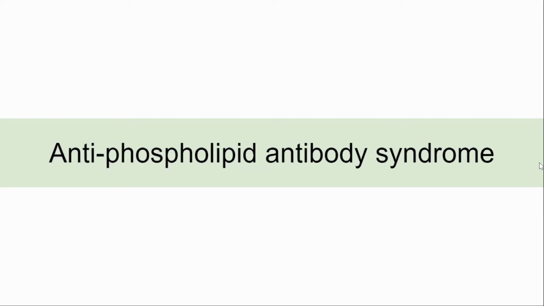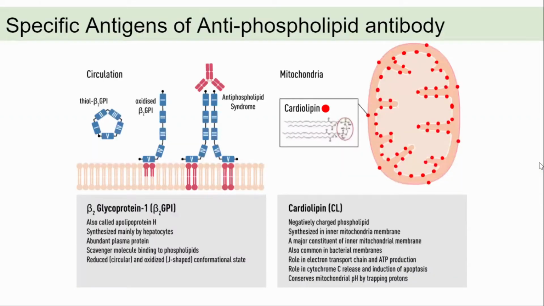First of all, the antiphospholipid antibody is described as an autoantibody that recognizes anionic phospholipids such as cardiolipin, or phospholipid-binding proteins such as beta-2 glycoprotein. In normal conditions, beta-2 glycoprotein, which is the main autoantigen, is a plasma protein that has an important role in coagulation.